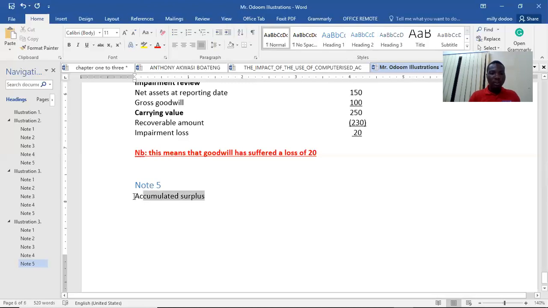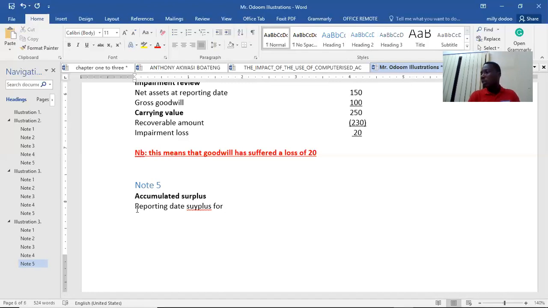Under your accumulated surplus, you look out for the reporting date surplus for the holding company. Who's the holding company? I think it's Oman. So Oman's reporting date surplus is 240.